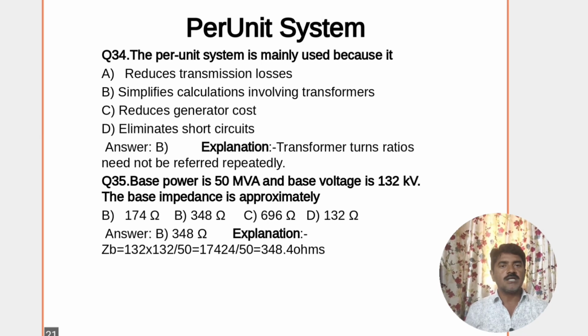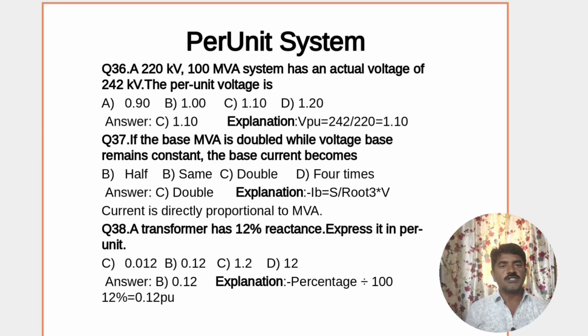35. The base power is 50 MVA and base voltage is 130 kV. The base impedance is approximately. Here, given the base kV, the base impedance formula is Z equals V square by P. Here 48.4 ohms is the answer. 36.